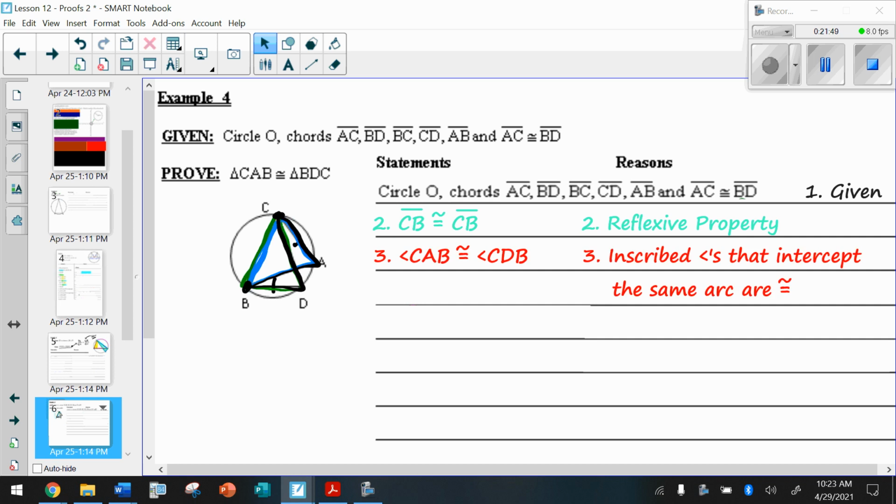So inscribed angles that intercept the same arc are congruent. That's one wonderful fact. Now, but again, that leads me to angle side side, and I don't have any right angles to turn it into HL. And angle side side does not work, so that means I got to keep going. I have some information, but I don't have enough to say the triangles are congruent yet.